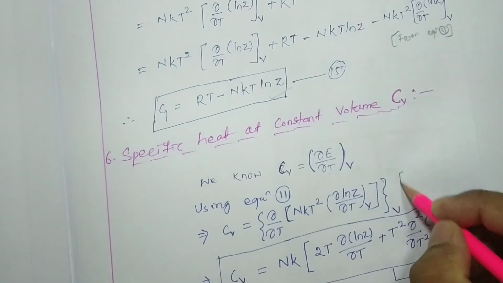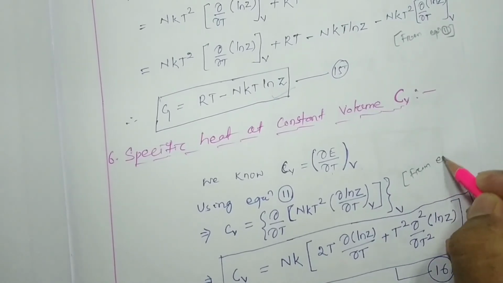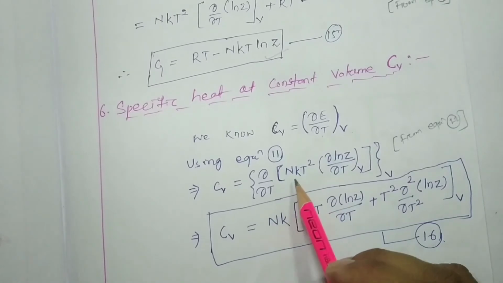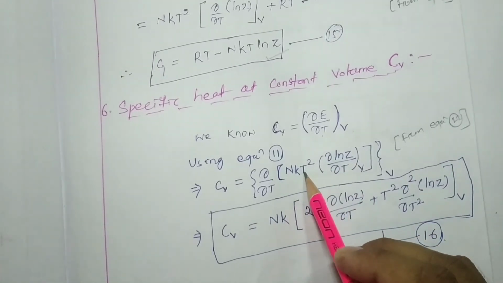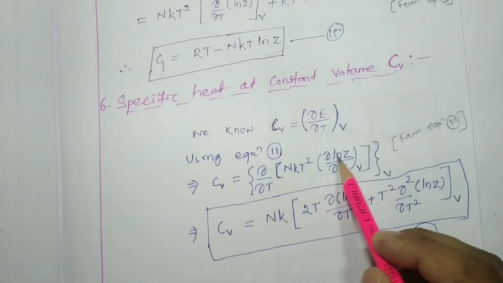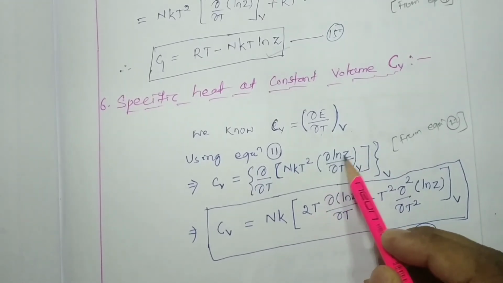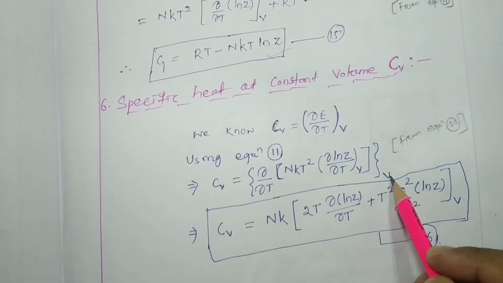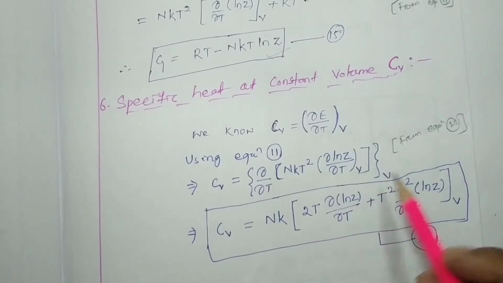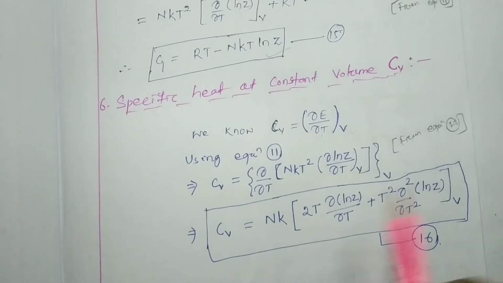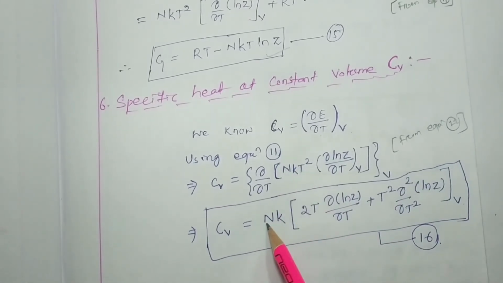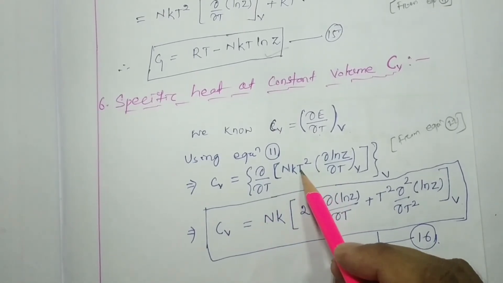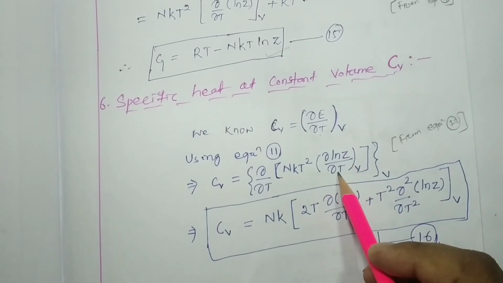From equation number 11, I have substituted this value, nkT square del ln z by del T at constant V, whole at constant V. Now V is constant, so that can be taken outside. Here nk is constant and also taken outside. Now we have to consider del by del T of T square del ln z by del T.